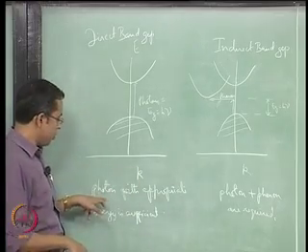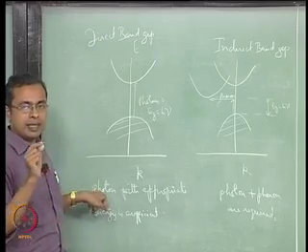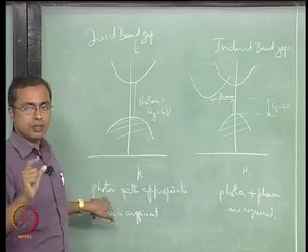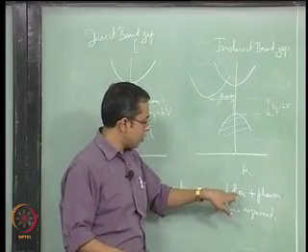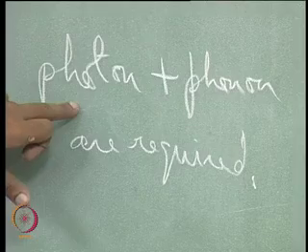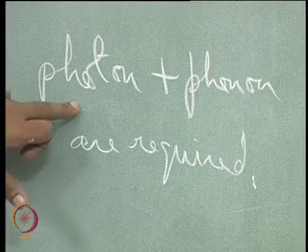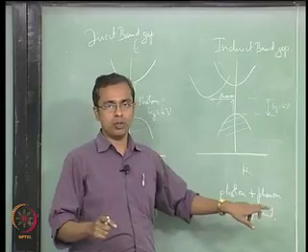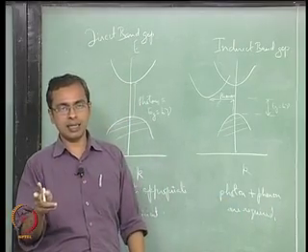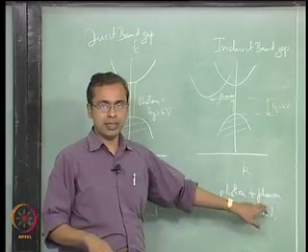So here you only have the probability associated with the interaction of the photon and the electron. When you look at this system you need the interaction of the photon with the electron, there is a probability associated with it. Immediately after that you also need the interaction of that electron with the phonon. So there are two separate steps occurring here, both of them have a probability associated with them.